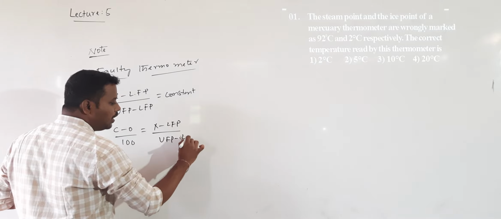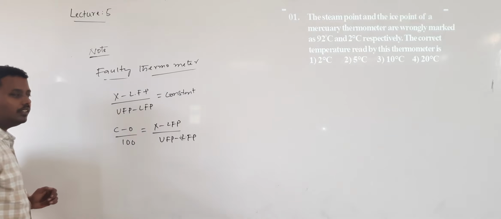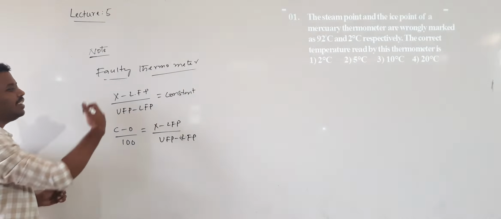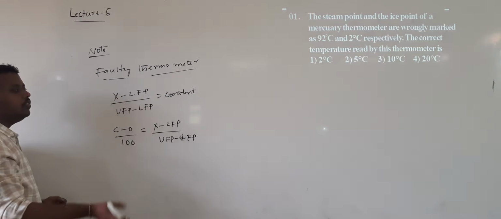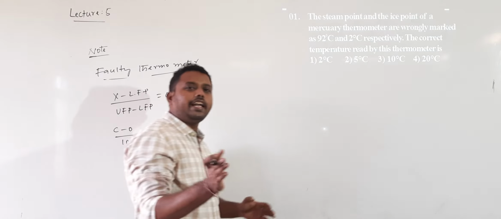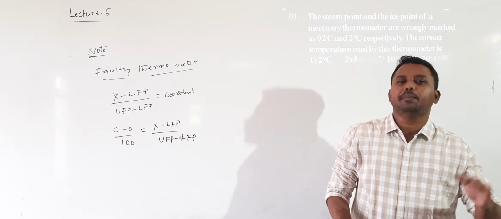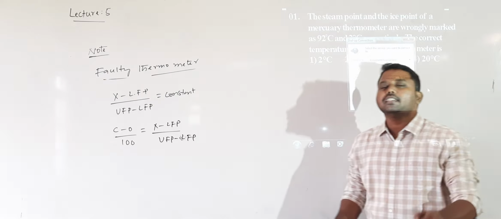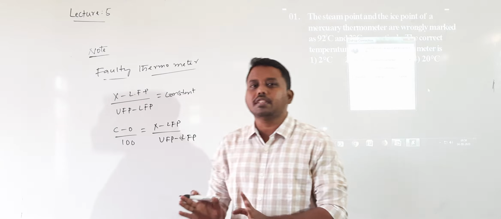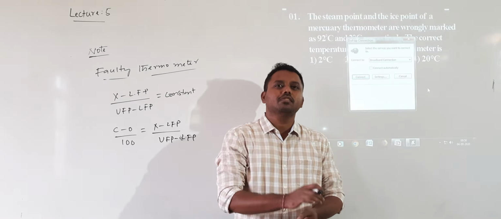So this is the formula we can write. Are you getting that? Whether it is a faulty thermometer or not, the reading minus lower fixed point divided by upper fixed point minus lower fixed point will always remain constant.